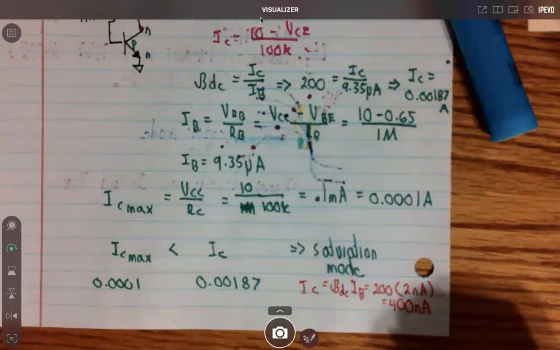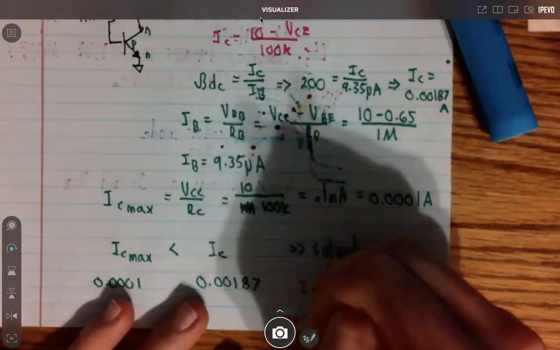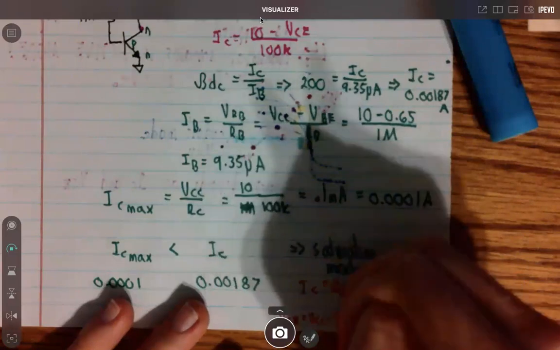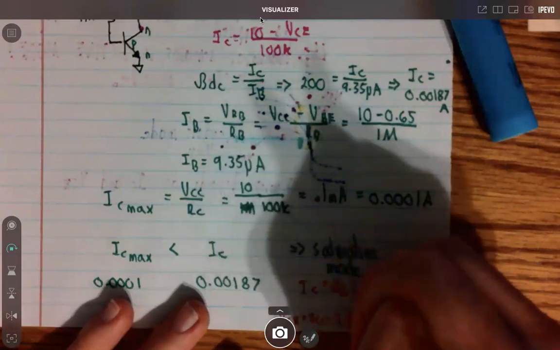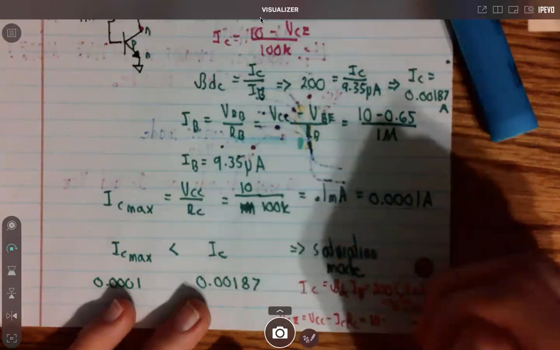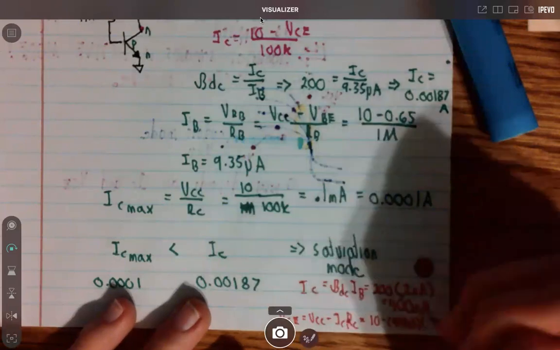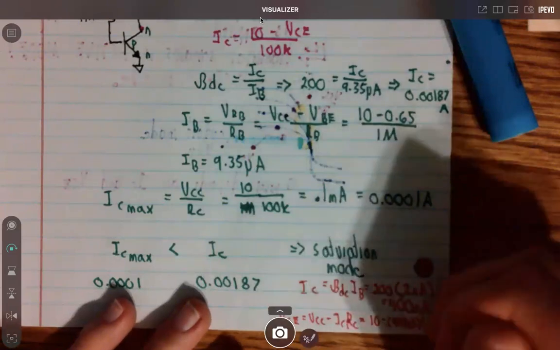Now let's talk about what's VCE. Well, remember VCE is equal to VCC minus ICRC. And so that's going to be 10 minus 400 nanoamps times the resistance of the collector, which is 100 kiloohms.